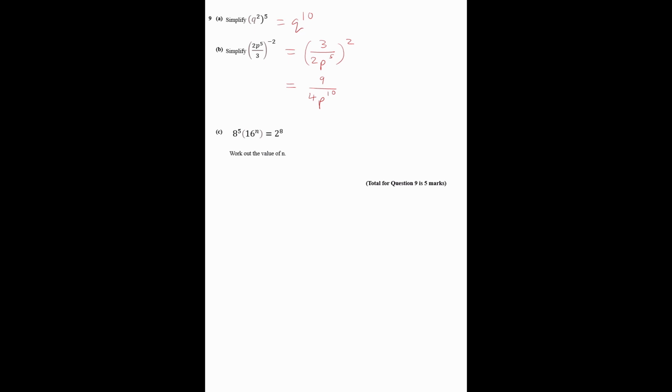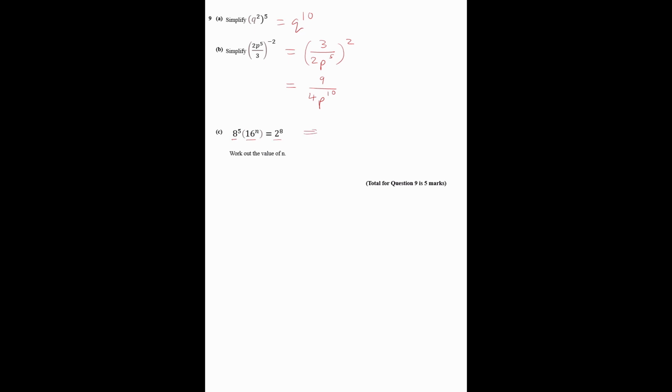And then the last one, we have to work out the value of n. 8 to the power 5 times 16 to the power n equals 2 to the power 8. Here the trick is to get everything in terms of base 2. So the base here is 8, the base here is 16, and the base here is 2. Everything needs to be in base 2.